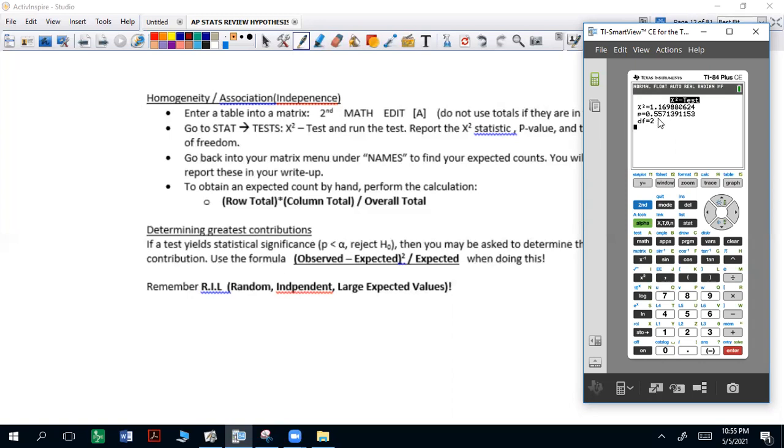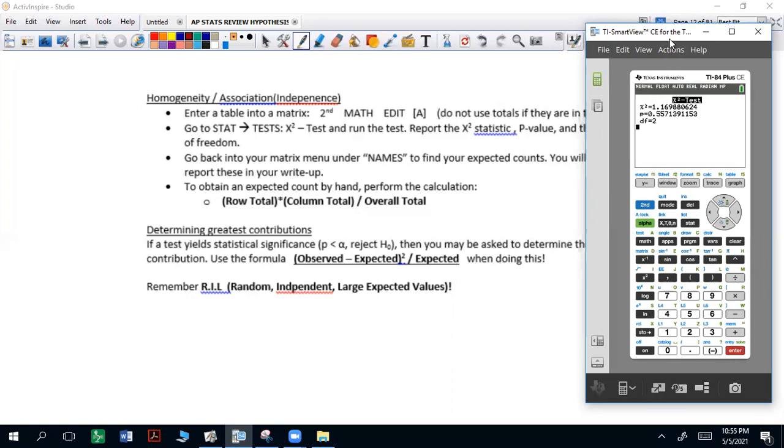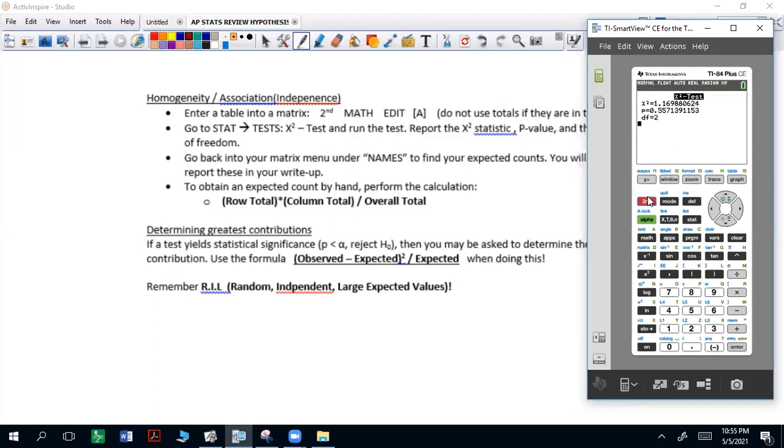Notice that's pretty small, high p-value. But if you want to get your actual expected values, you would just go to second matrix and go down into there, and those are the expected values right there.